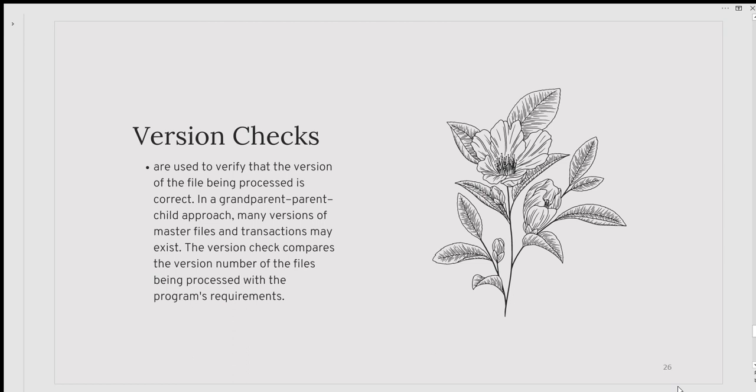So, sa parent-child approach, maraming version ng master files tsaka transaction yung nag-i-exist. So, para makasiguro ka, i-check mo yung version number sa file na ipaprocess mo or yung file na nandun sa requirement. So, pagka parehas, you can use it. Pero pagka iba, then, no, you can't.